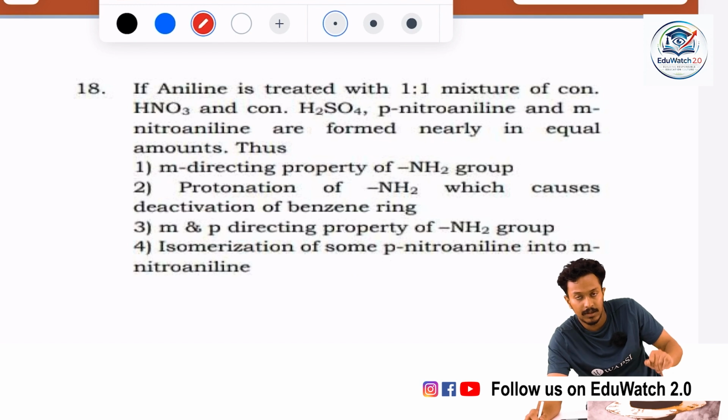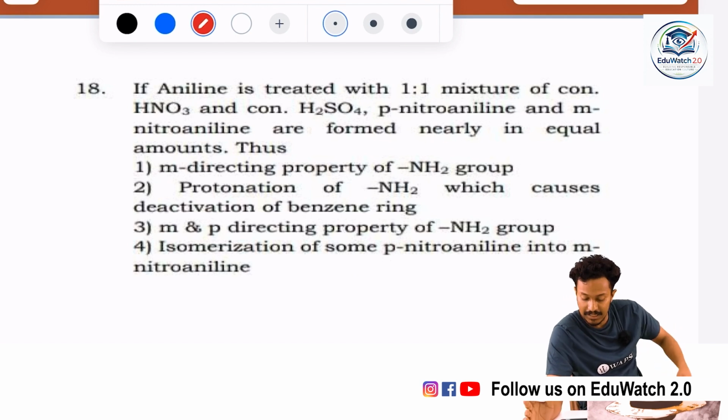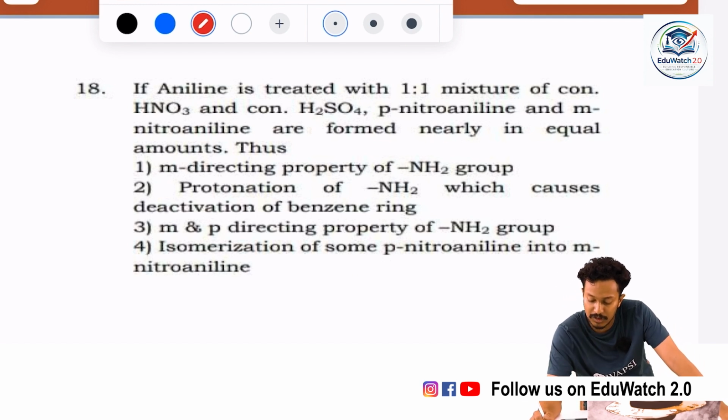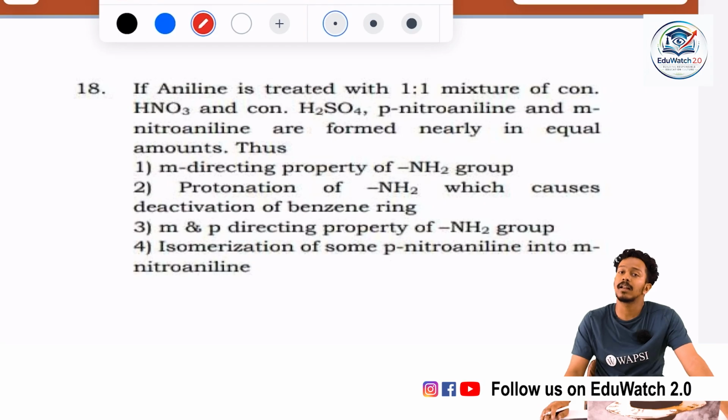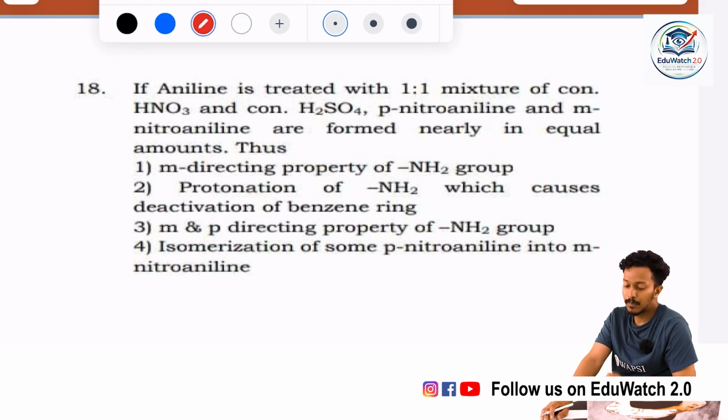Yes, same way, aniline. If aniline is treated with a 1:1 mixture of concentrated HNO3 and concentrated H2SO4, para-nitroaniline and meta-nitroaniline are formed in nearly equal amounts. Thus, there are 4 options given. Our main motive is to find out which is the correct one.